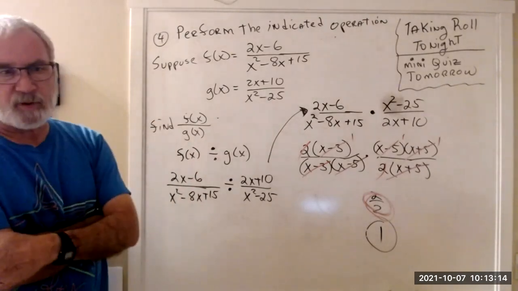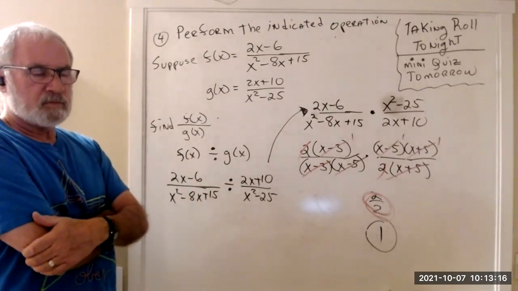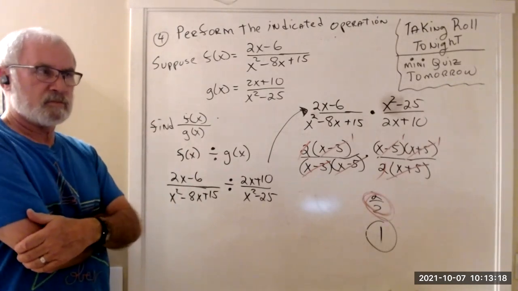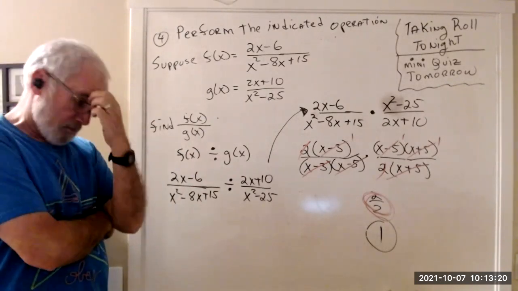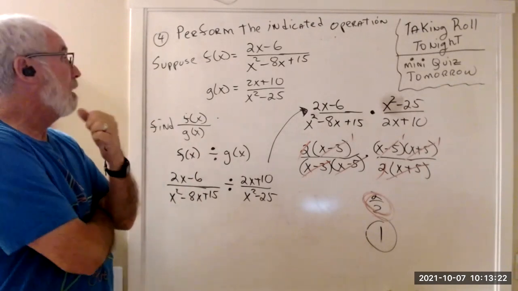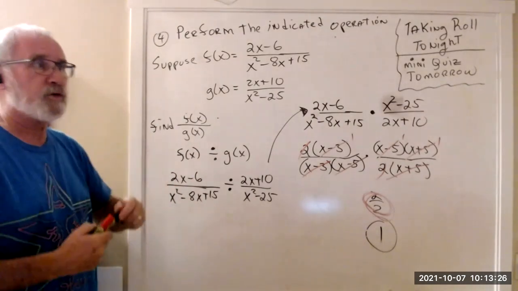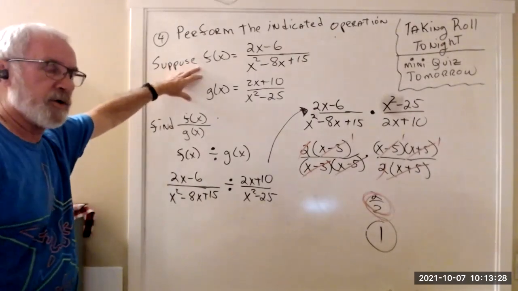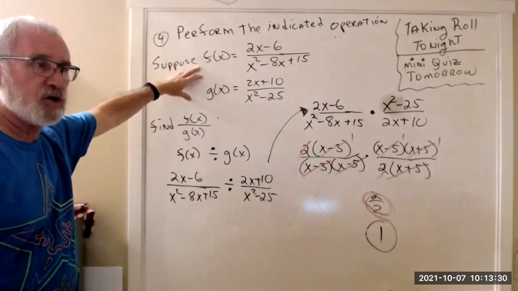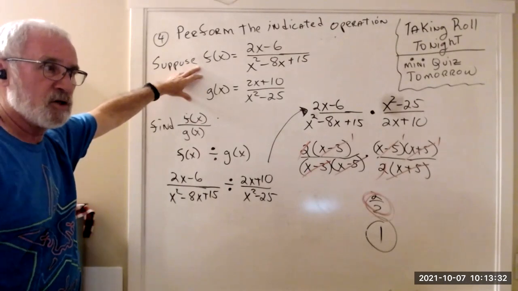Any questions on that problem? Okay. Again, the intent of the problem was I had multiple reasons for it. One is I wanted to review the function notation f of x, g of x.